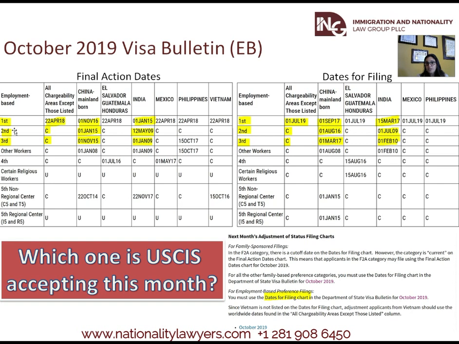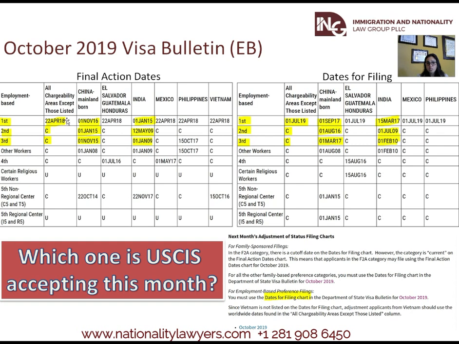What this C means is current. It means that it doesn't matter when you filed your immigrant petition or petition for alien relative, you are still able to file either your adjustment of status or consular filing abroad. So let's say in this instance, you are a citizen from Brazil, you were able to file your adjustment of status application in the US.